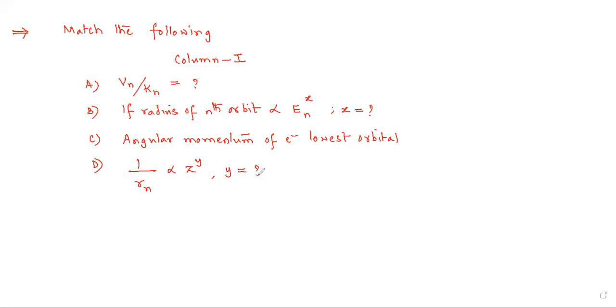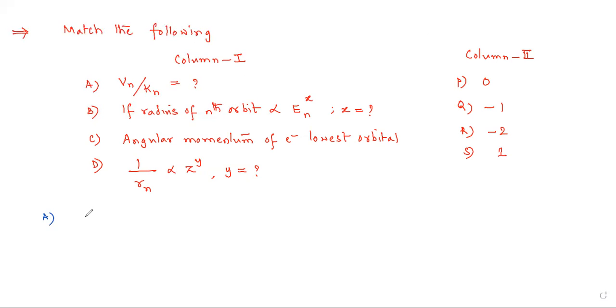What is y? This is very interesting. Coming to column 2, P it is a 0, Q it is a -1, R it is -2, and then S it is 1. Okay. Now let us solve things one by one.